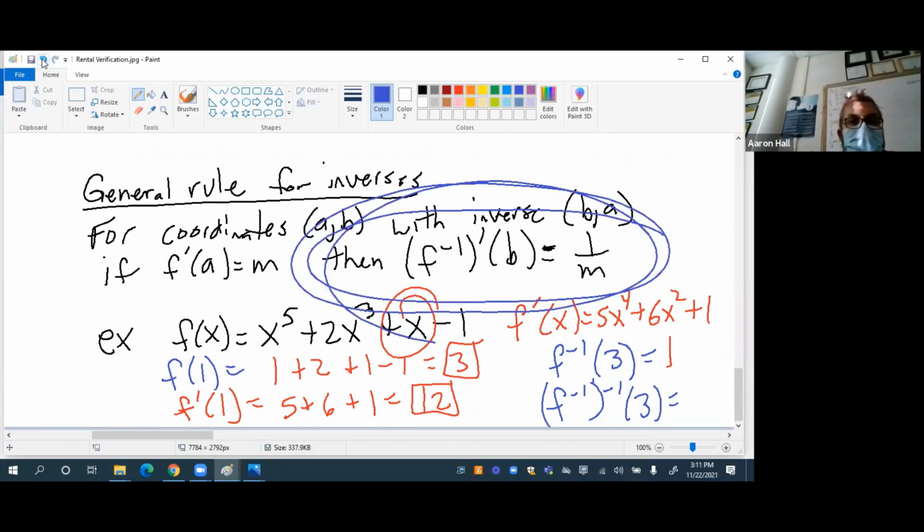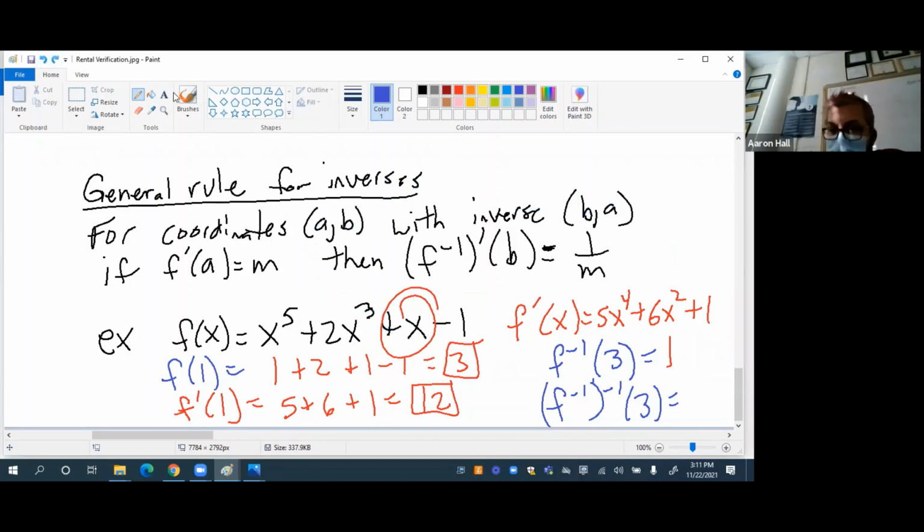Thoughts? Yeah, it's 1 over 12. The answer is 1 over 12.